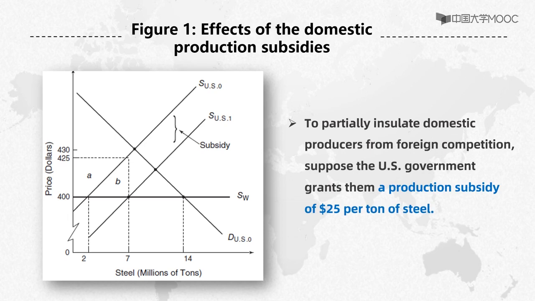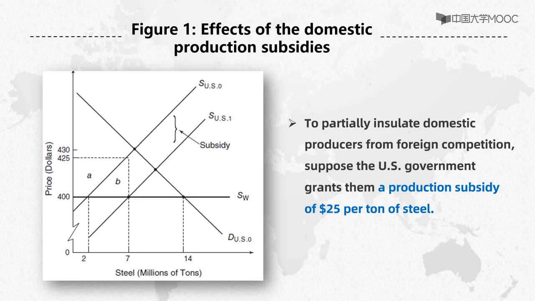To partially insulate domestic producers from foreign competition, suppose the U.S. government grants them a production subsidy of $25 per ton of steel.